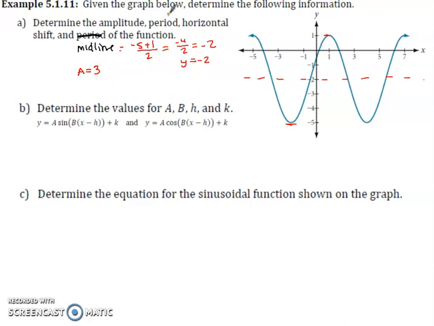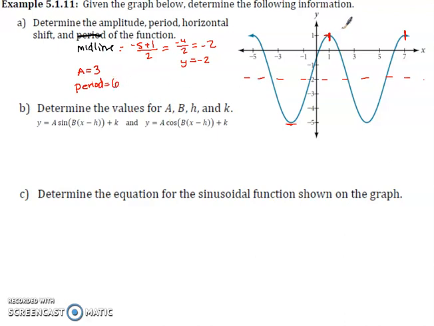From here, I need the period and the horizontal shift. So my period of this graph looks like I start at 1 and I end my cycle at 7. So my period is equal to 6.